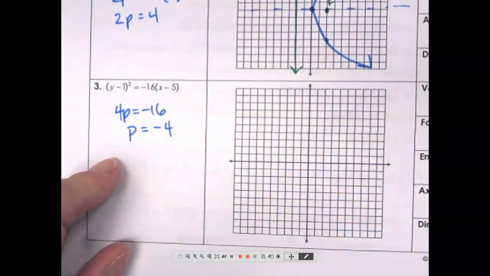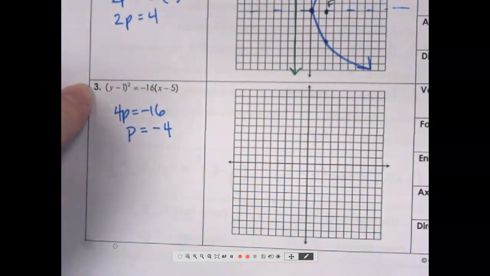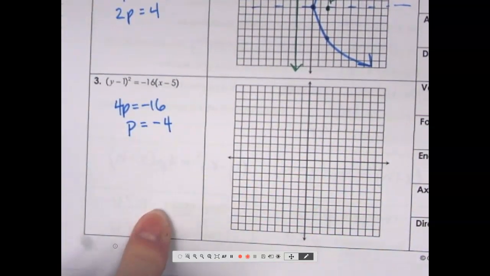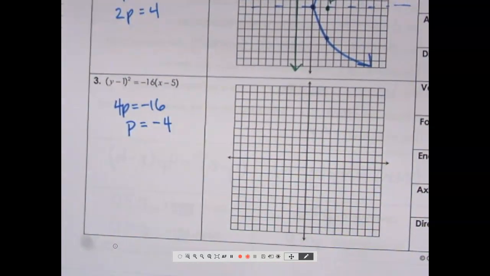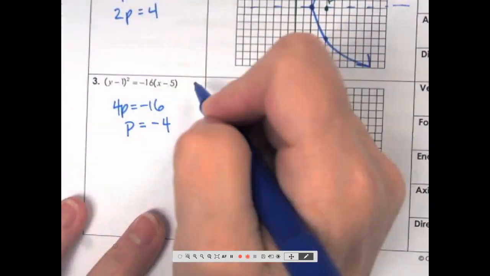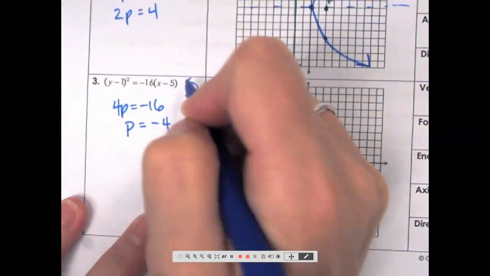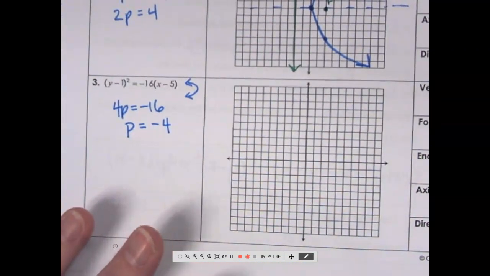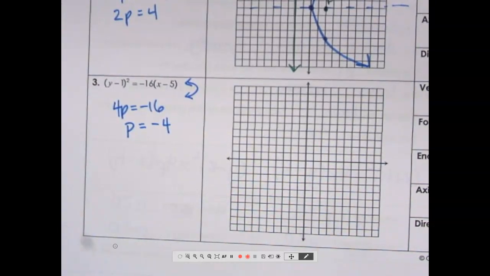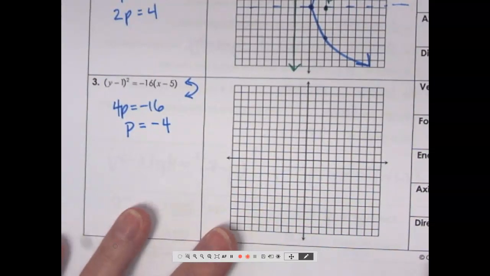Negative 4? Okay, so the fact that y is the squared variable, but p is negative, tells me this will open left. Okay, vertex is what?